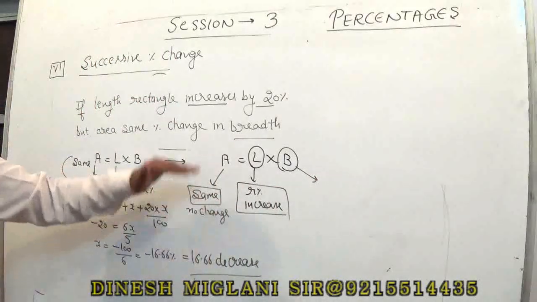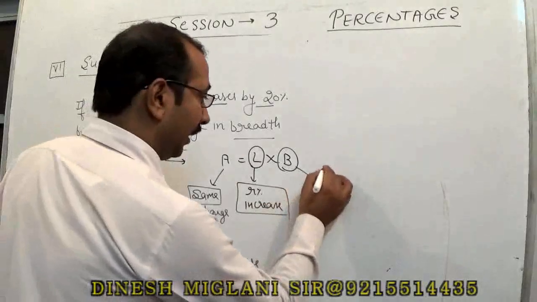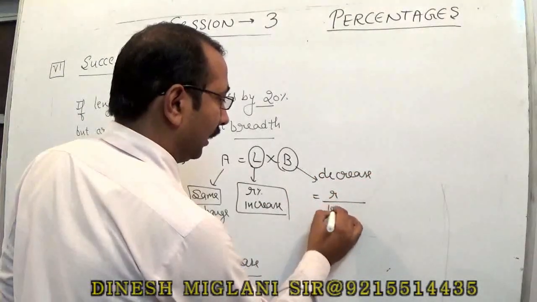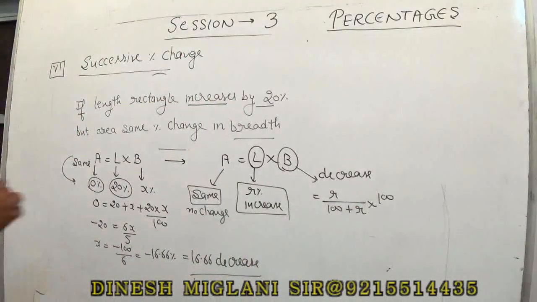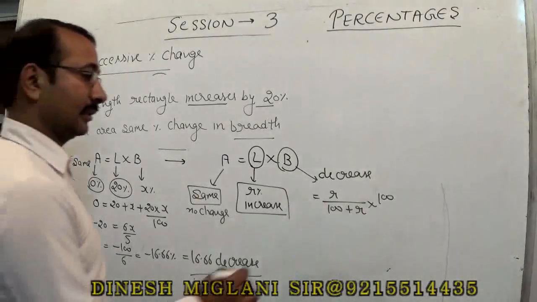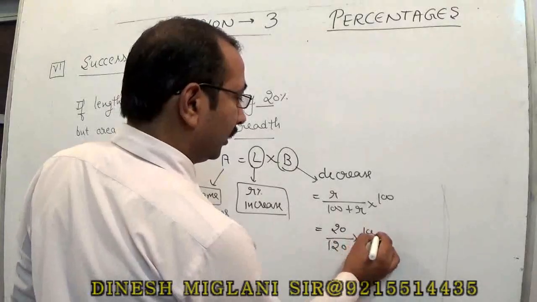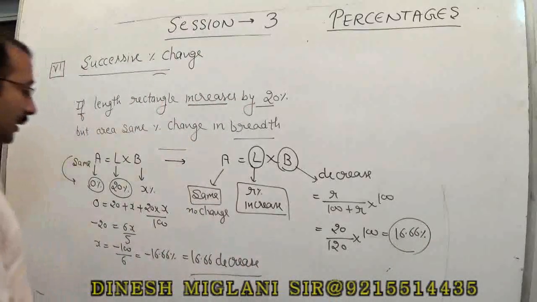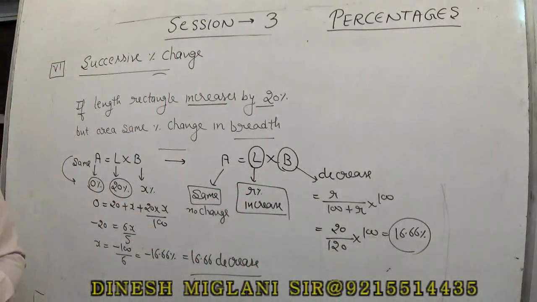If it is increased, total remains the same, it means it must be decreased, and by what percentage it is decreased? This is equal to r upon 100 plus r into 100. So in this question, what you can say? Length increases by 20%. So you can apply this. You can say 20 upon 120 into 100. This will give you a decrease of 16.66%. Means nothing has to be applied. You can just directly put this formula and you can answer it.